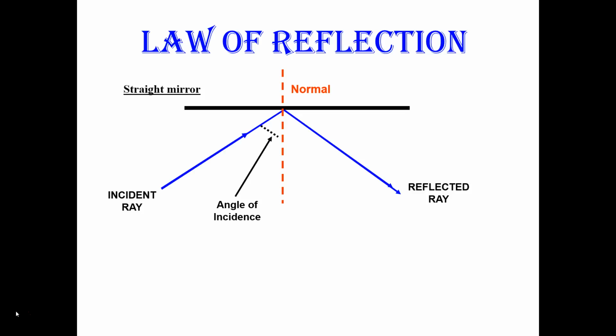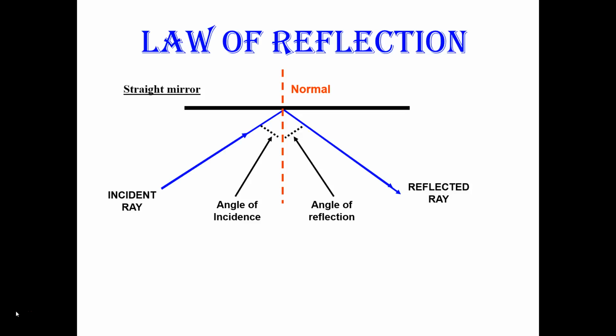The angle of incidence is the angle between the incident ray and the normal line. Remember that normal line is an imaginary line that we're drawing in our heads. Also, the angle of reflection is the angle between the normal ray and the reflected ray. Okay, so you've got some definitions here. And I actually would like you to write these definitions in your notes. So incident ray is the light ray that strikes the mirror's surface.